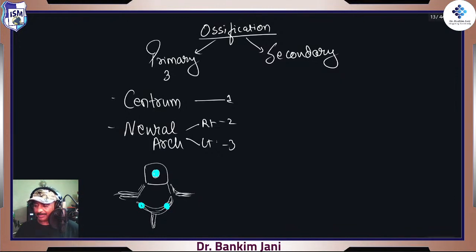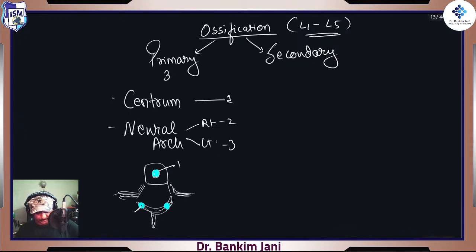They fuse by the end of 1 year. Ossification is the same for all. I think you are asking about L1 to L5. Yes, I'll just write L1 to L5. I hope I have guessed your question correctly. Same for all means same for all lumbar vertebrae. So this is 1, 2, 3.